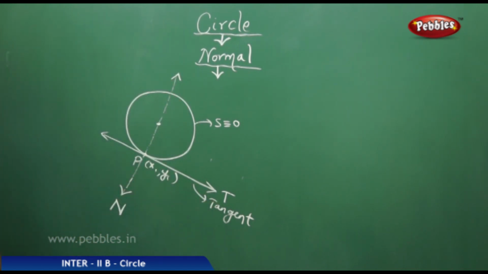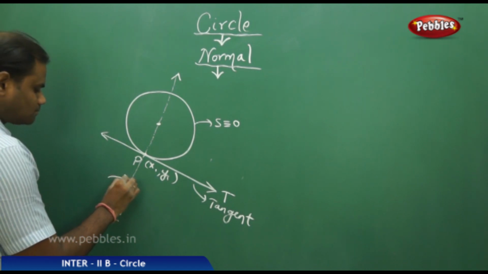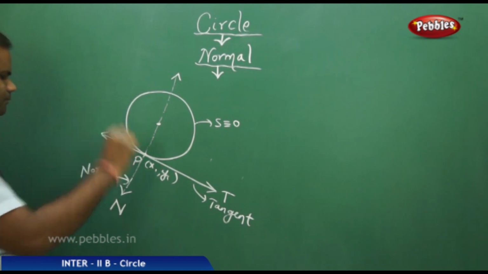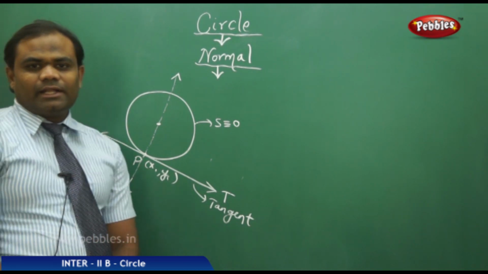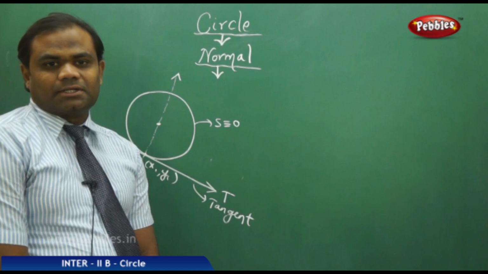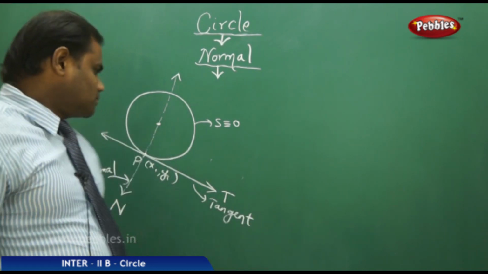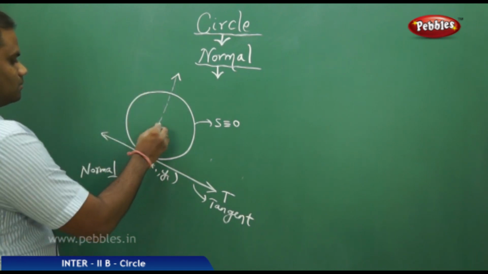This is the tangent. So we understand that a line which is perpendicular to the tangent and passing through the point of contact is the normal. So in this case, this is the normal.